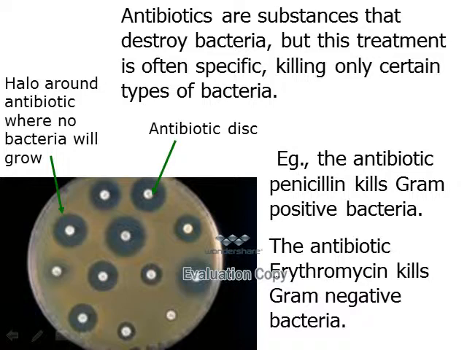So if someone has a gram-positive bacterial infection, we're going to try to use something like penicillin to kill it. But if they have a gram-negative bacteria, we're not going to give them penicillin. We're going to give them something in the erythromycin group, and that's going to do the job.